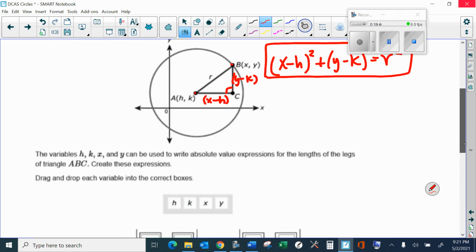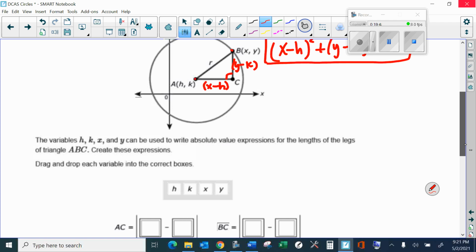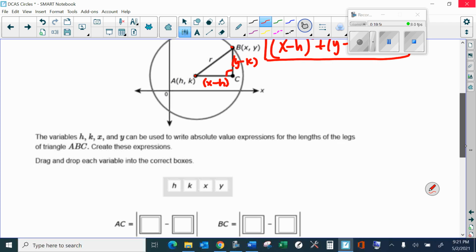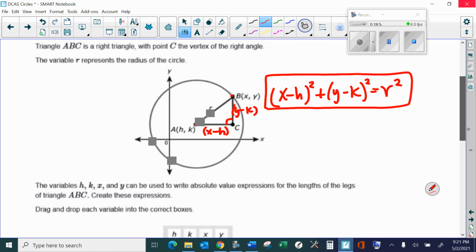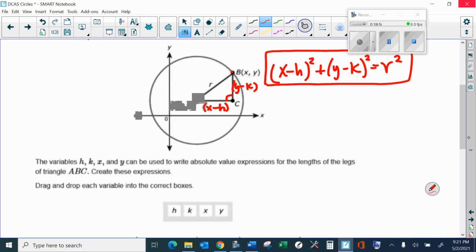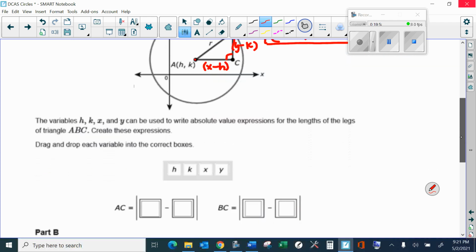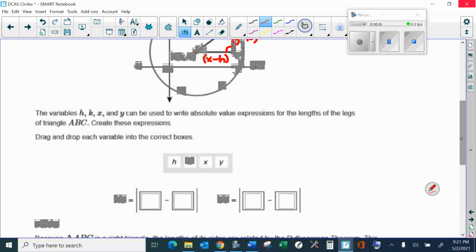Okay. The variables h and k can be used to write the absolute value expression for the lengths of the legs. The length for AC would be absolute value of x minus h. It doesn't matter which way you subtract, but it's an absolute value, because distance is always positive.